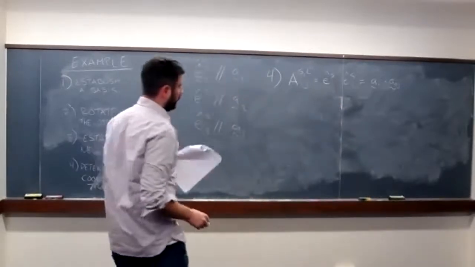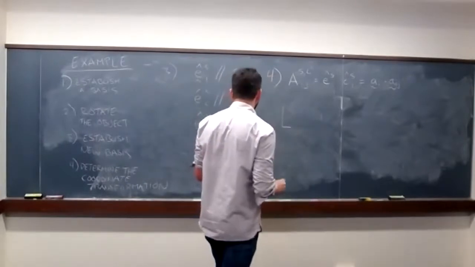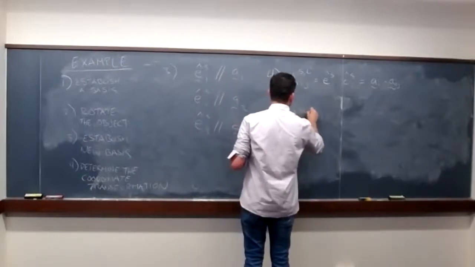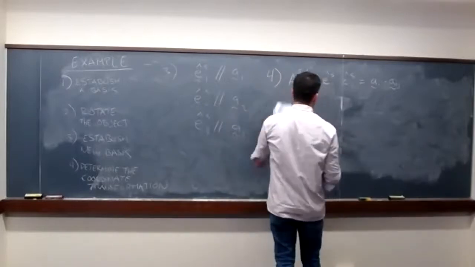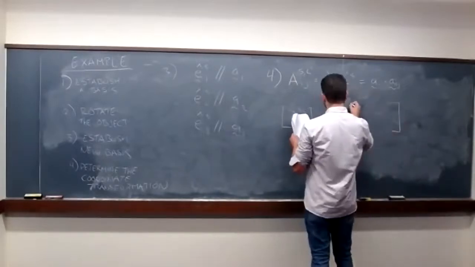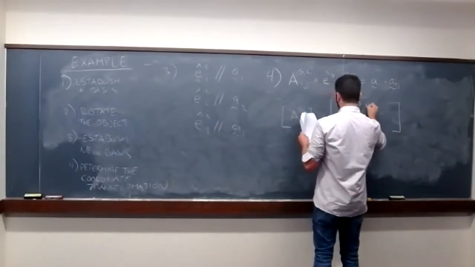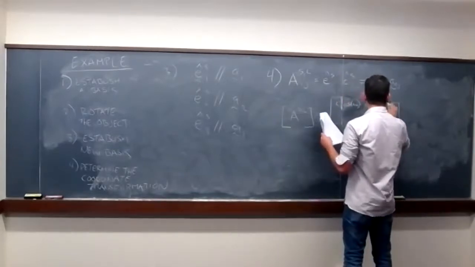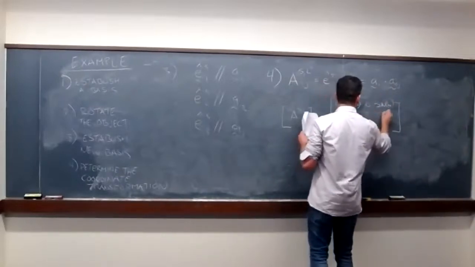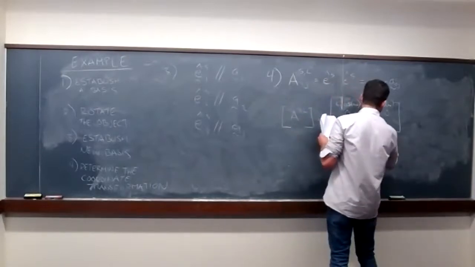And so I worked through actually evaluating these dot products, and when I was done, remember this, again, this is not a tensor, but the 9 components I got of this transformation matrix were cos omega, 0, minus sine omega, 0, 1, 0, sine omega, 0, cos omega.